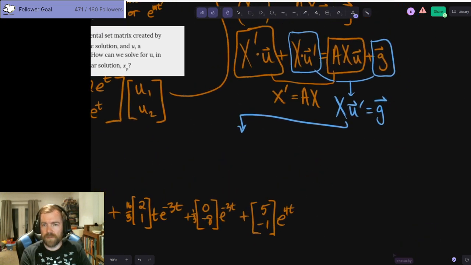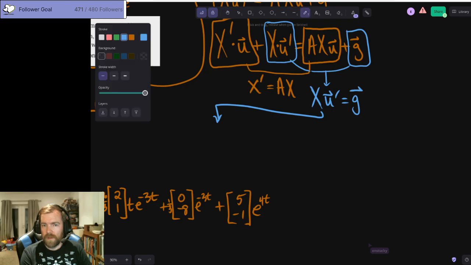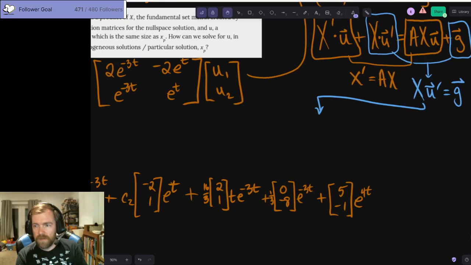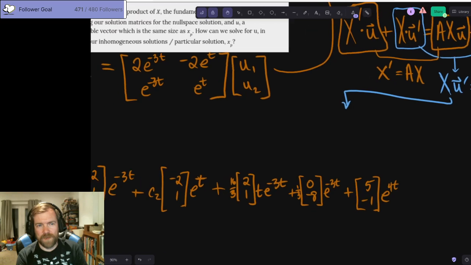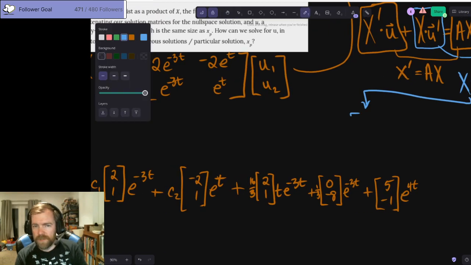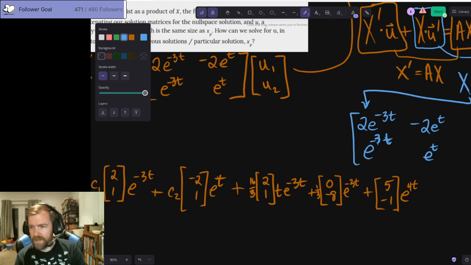So for this one, let me bring back x there. Okay, so X is going to be 2 e to the negative 3t, negative 2 e to the t, e to the negative 3t, and e to the t, multiplied by u1, u2 prime.